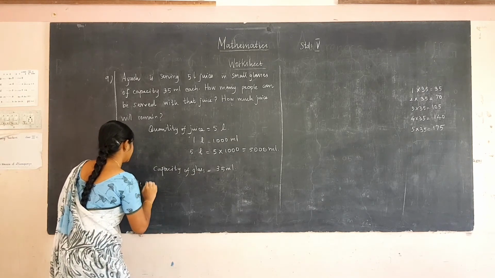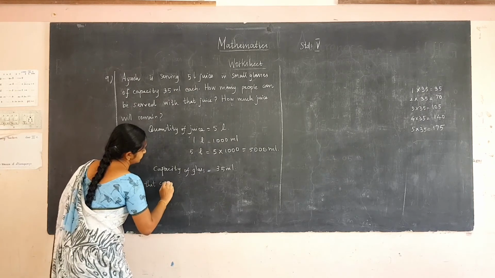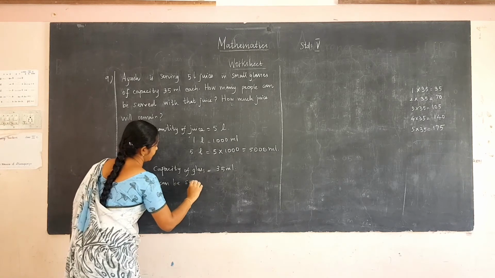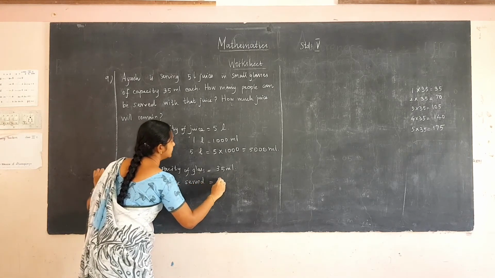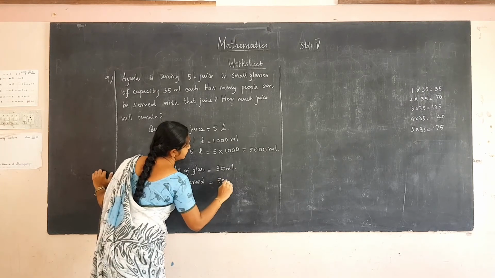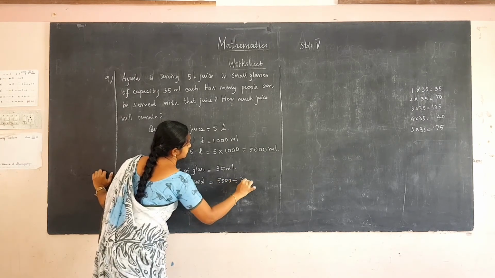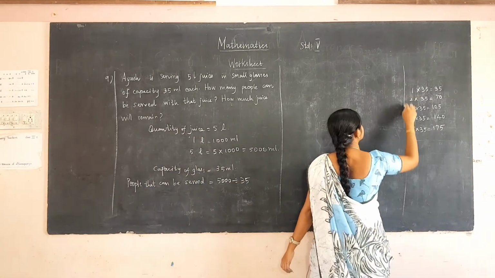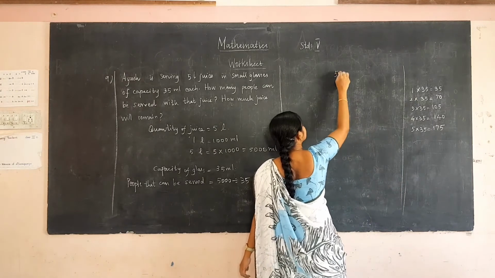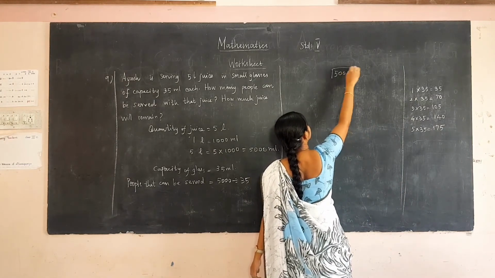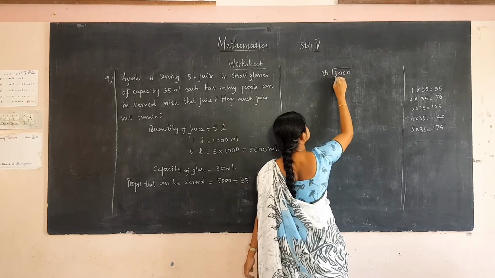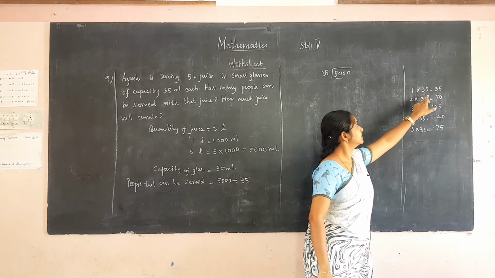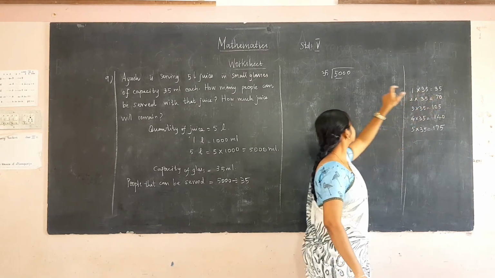We have to find the number of people that can be served. So we have to divide 5000 by 35. First consider 50. 1 times 35 is 35 and 2 times 35 is 70. 70 is exceeding 50.